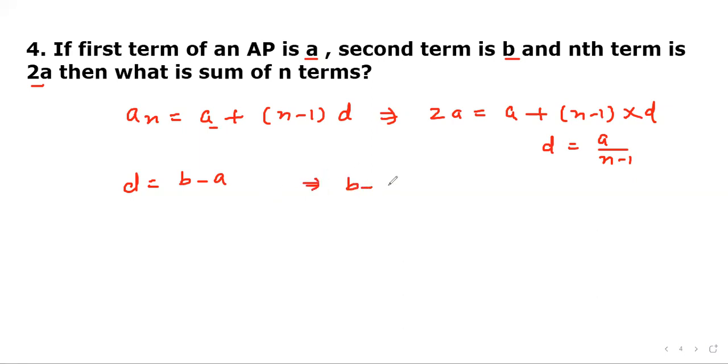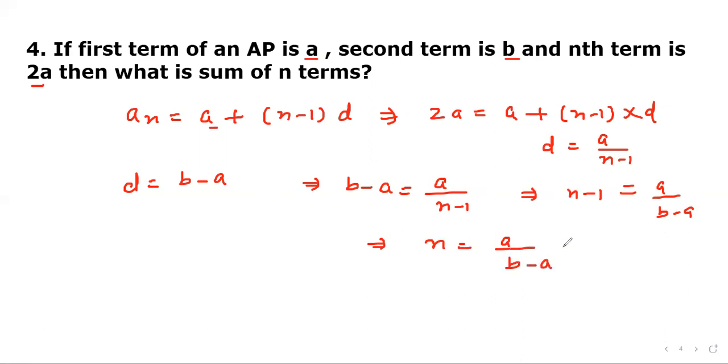So b minus a equal to a upon n minus 1, or n minus 1 equal to a upon b minus a, which gives n equal to a upon b minus a plus 1, that is a plus b minus a divided by b minus a. A will cancel out, so we will be left with b upon b minus a.